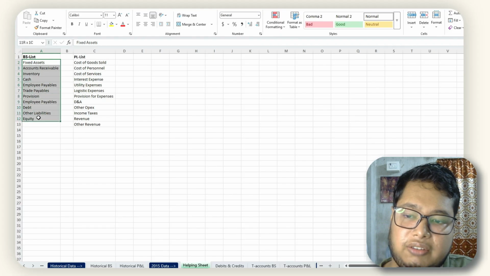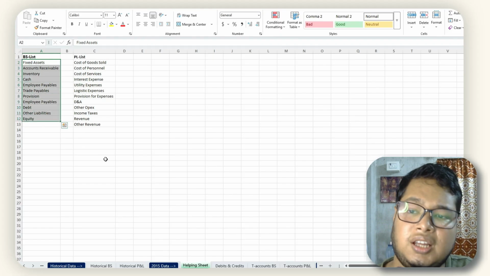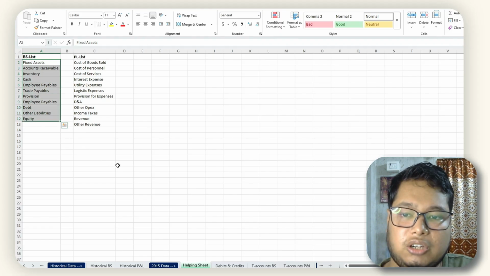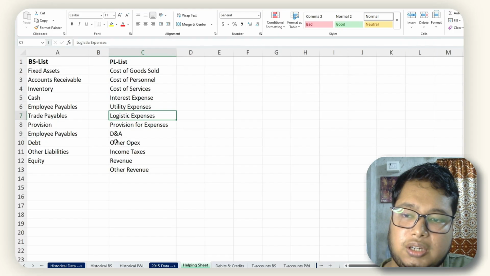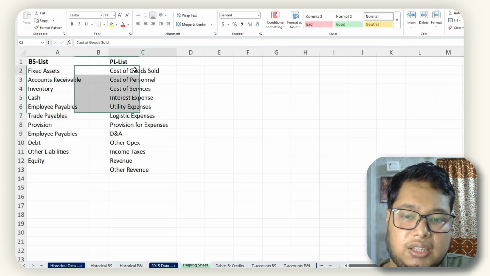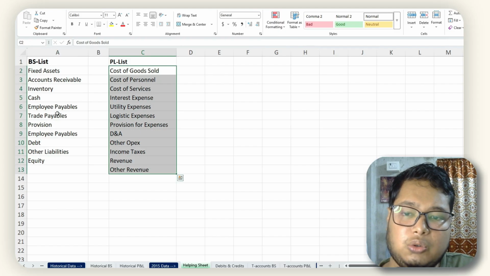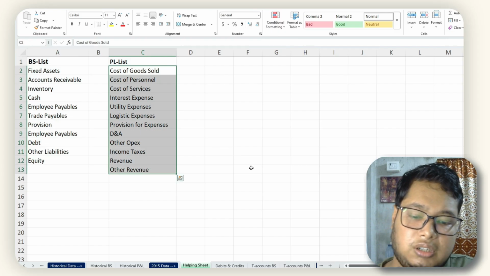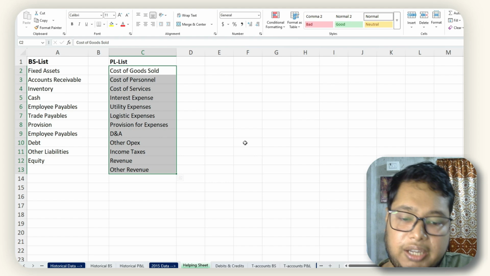For the balance sheet, we can only use these line items, account names, ledger, whatever you call it. Let me zoom in a little bit. These are the things I have created, and for PNL this is the list. We can only use these lists in the debit and credits, or a day book, or in the journal entry.